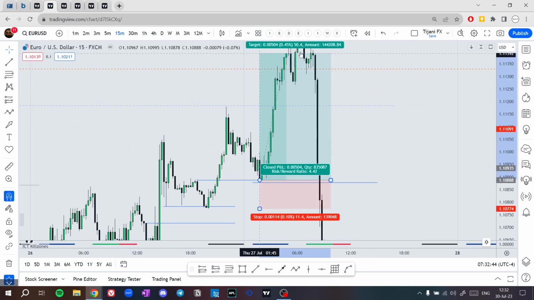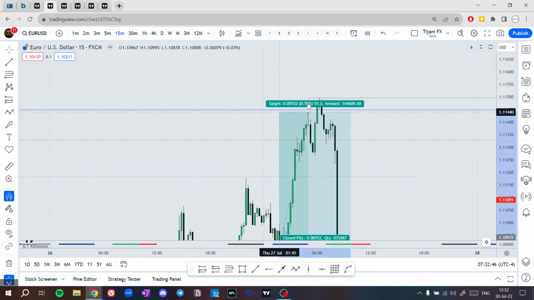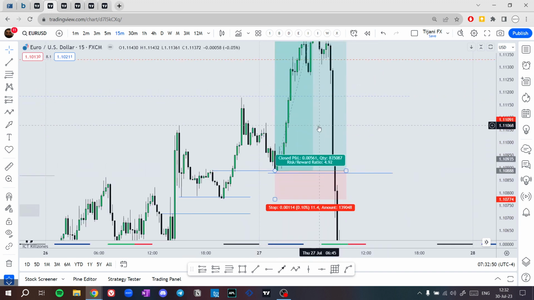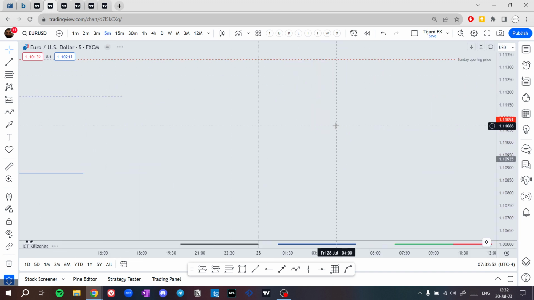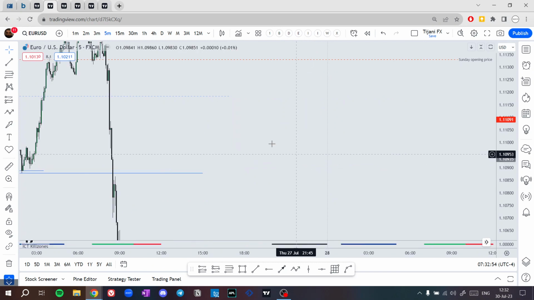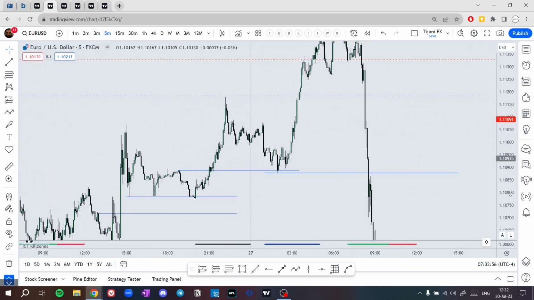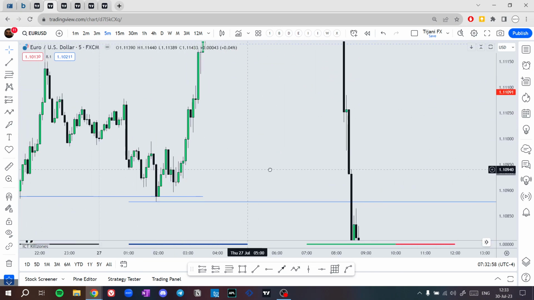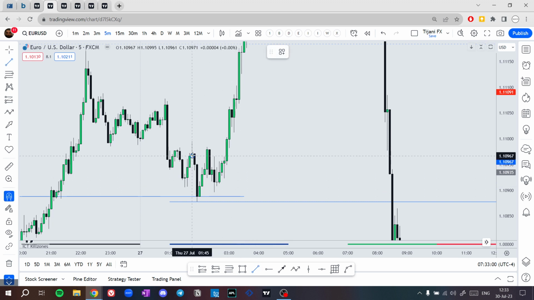Do you see? Like I showed you, 5R easy, or almost 5R. Or maybe you waited for a confirmation and you see that price has closed above this candle's high. We have a fair value gap right here.